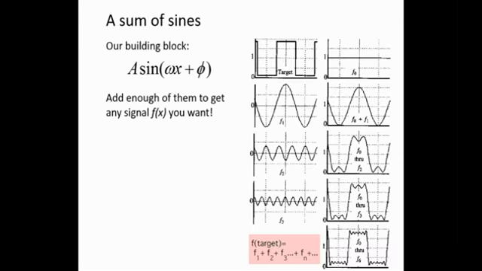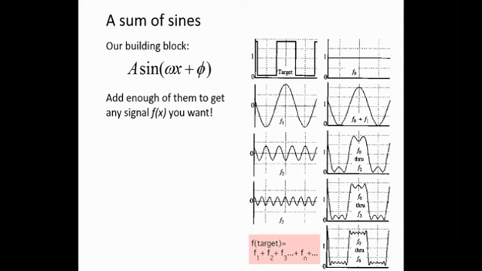So here's an example. I'm going to start in 1D first because it's a little bit easier to think about that before we go to 2D. So for example, if I want to produce this square wave, then I can produce it out of an infinite series of sine functions.